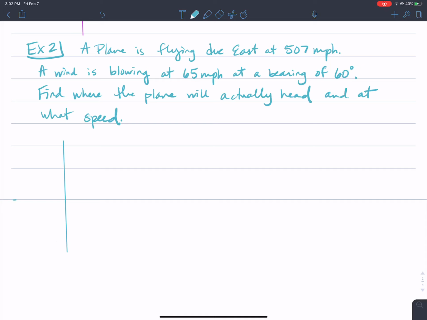This is my plane picture. The plane is flying due east. First, let's understand what due east means. Due east means I'm flying straight east, so there's no angle there. It's just straight east, 507.